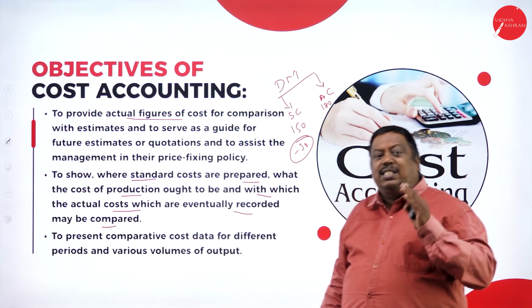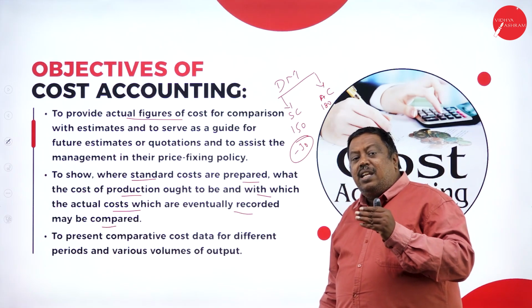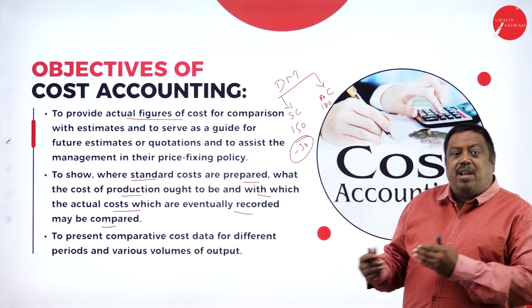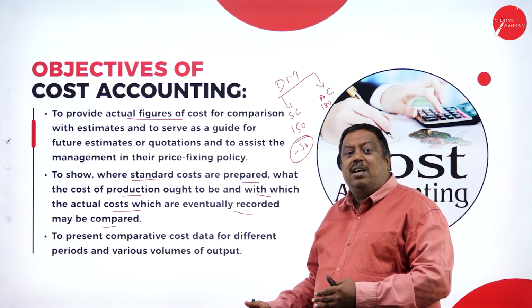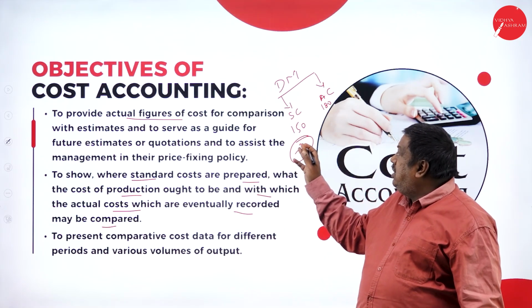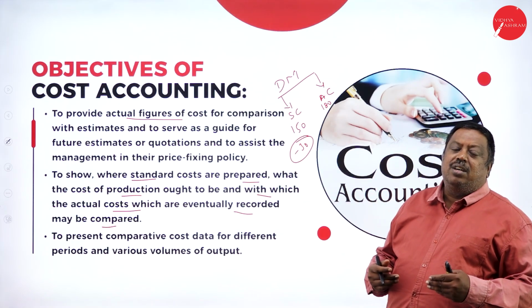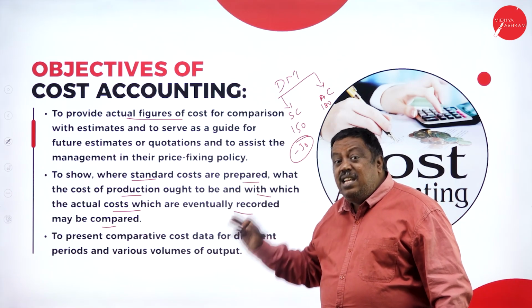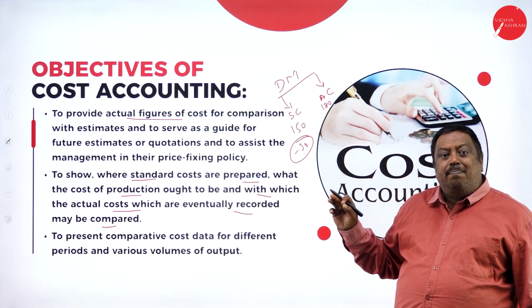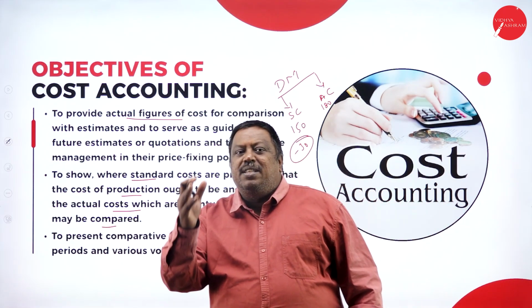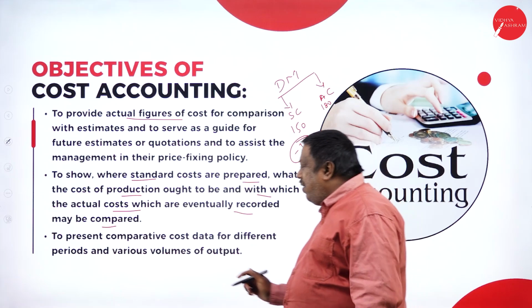So then you have to think about where a wrong decision was taken, or where wrong steps were taken by the production or finance people, or whether in fixing the standards we have made any mistakes here. So we can check that with the actual cost incurred and make the proper comparison. Then we can take the right steps in the business. This is the concept we have here.